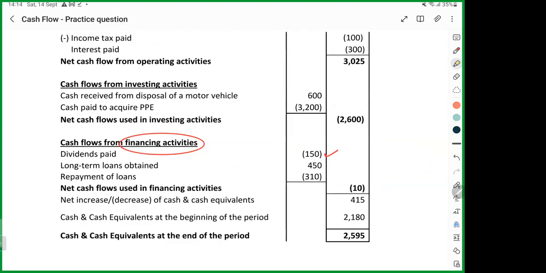I have recorded it separately. Long-term loans increase by 450. Repayments of short-term loans 310. Or you can include this as 140 cash inflow. You can record this as 140 cash inflow, net increase in loan, or you can record separately. Here I have recorded separately.